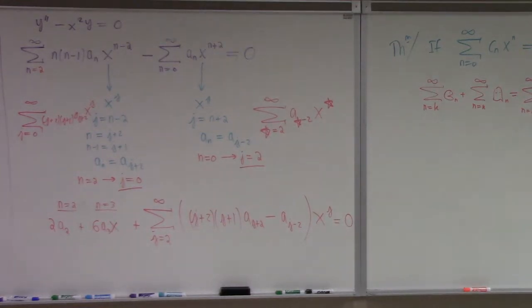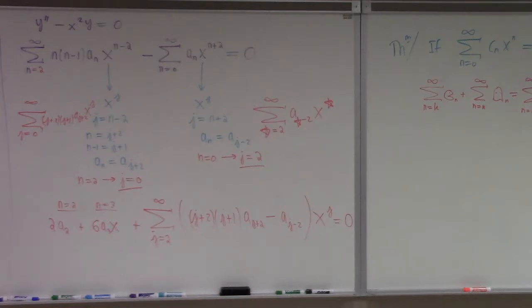There are other people who just relabel n. They do something like n minus 2 goes to n. No, I will not do this to you. But there are people who insist on calculating in that fashion. I cannot do that. So I just use j as an in-between.